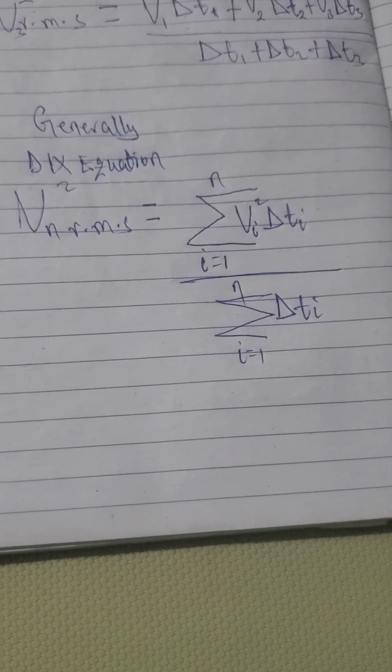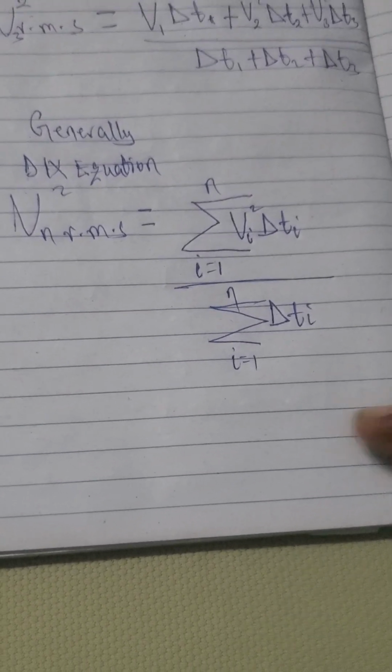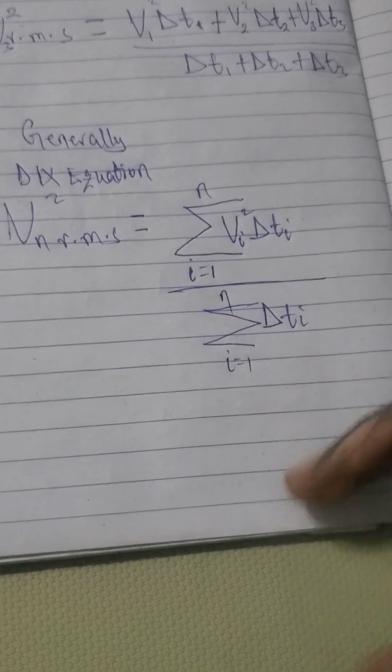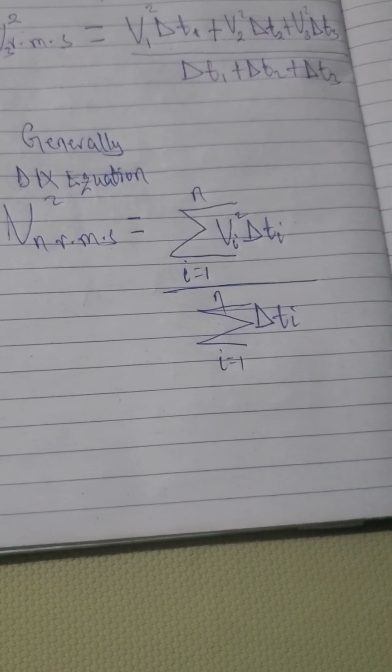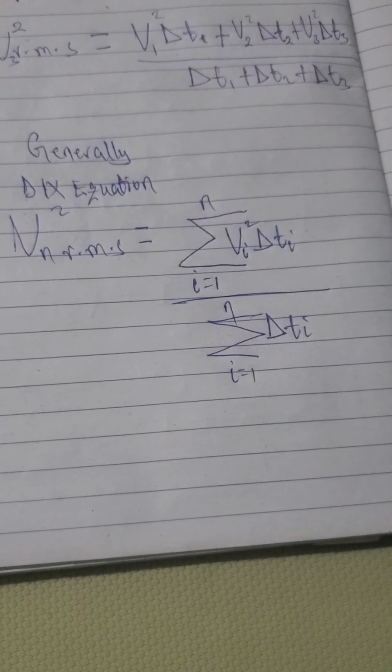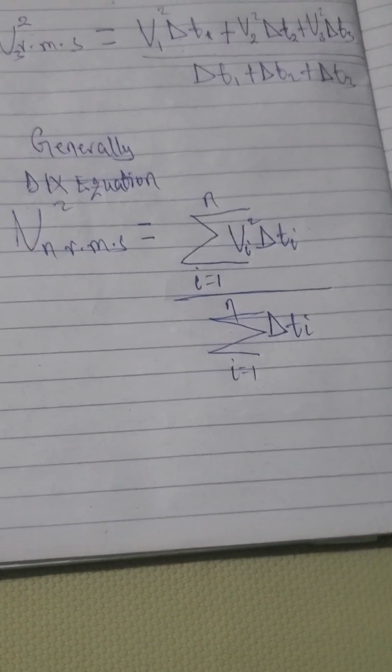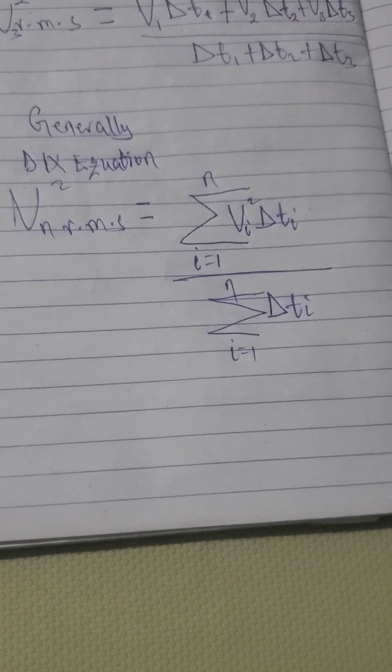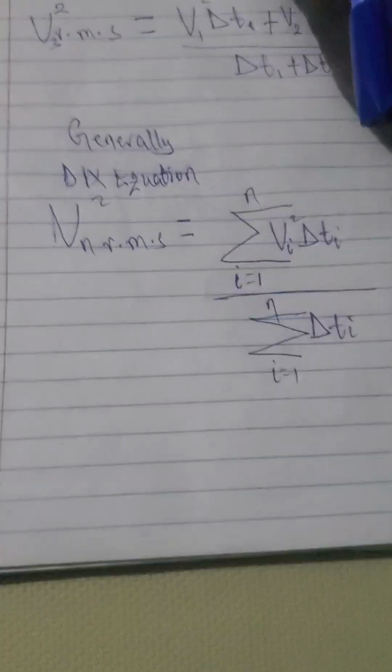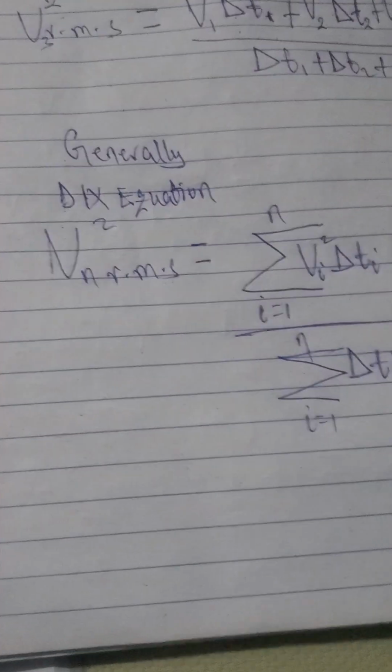How can this Dix equation help us furthermore? Let's simplify this formula into a simple way that can be memorizable and directly useful. So now this equation can be rearranged.